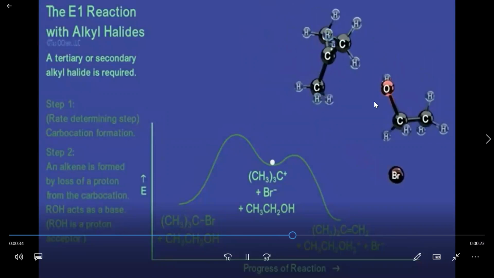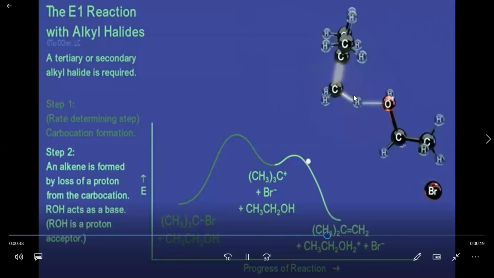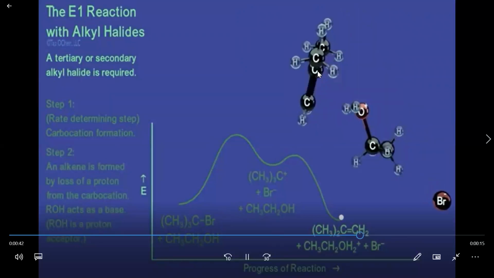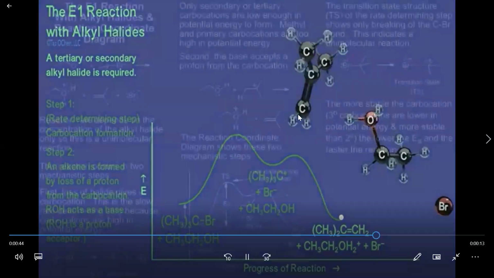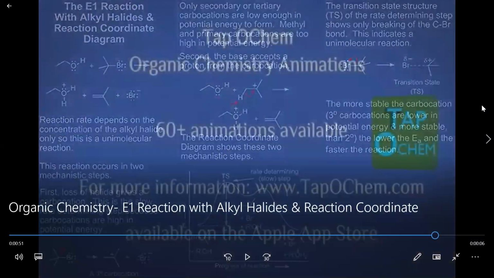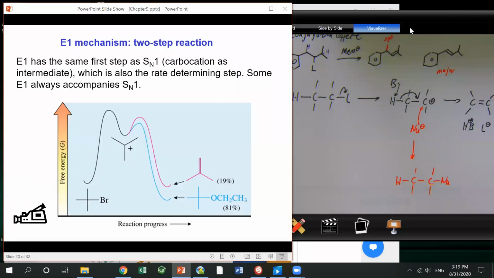Now the base comes in, ethanol, a very weak one, and takes one beta hydrogen, and then you build up the bond between the alpha and beta carbons, forming the alkene. So that's the animation for the E1 elimination.